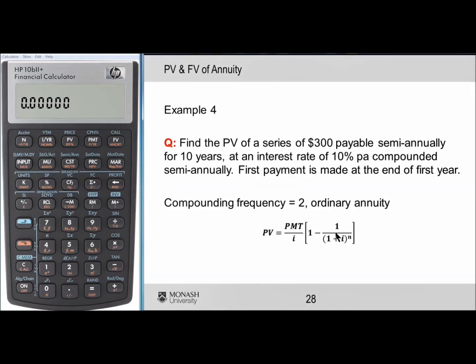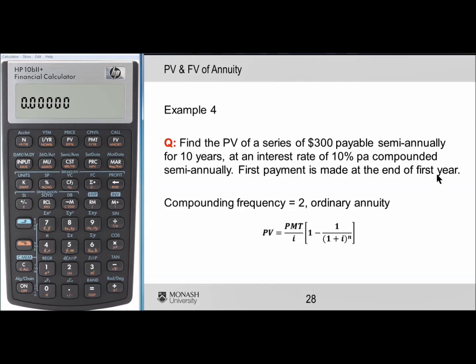Let's try another example. Find the PV of a series of $300 payable semi-annually for 10 years at an interest rate of 10% per annum compounded semi-annually. It is told that the first payment is made at the end of the first year.